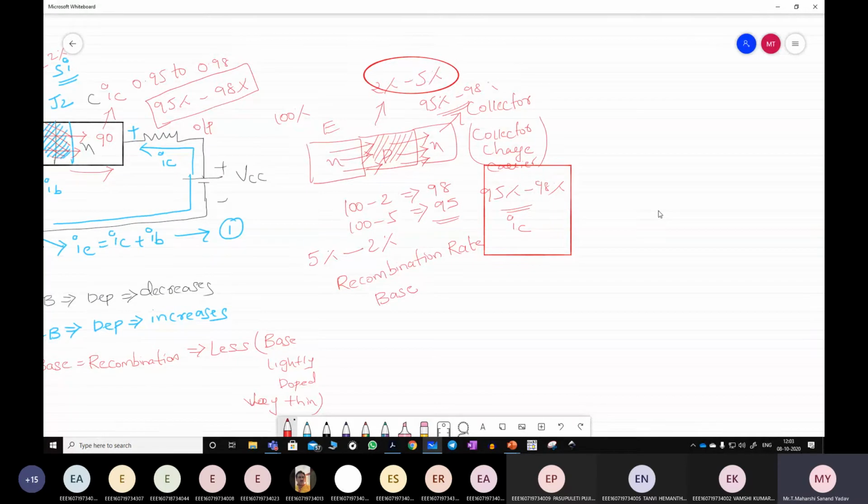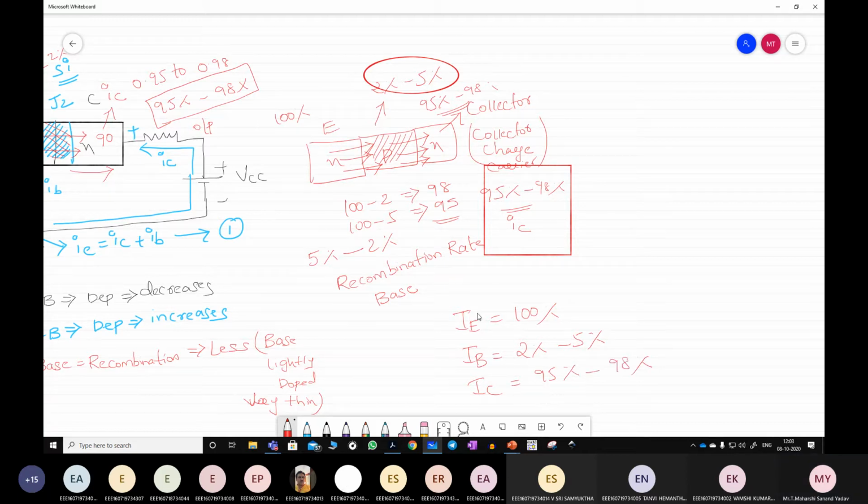Yes, sir. In the emitter, we are giving the input as 100 charge carriers. When they move from the input to the base, the recombination rate in the base will be up to 2% to 5%. If the recombination is 10, the remaining will move into the collector.